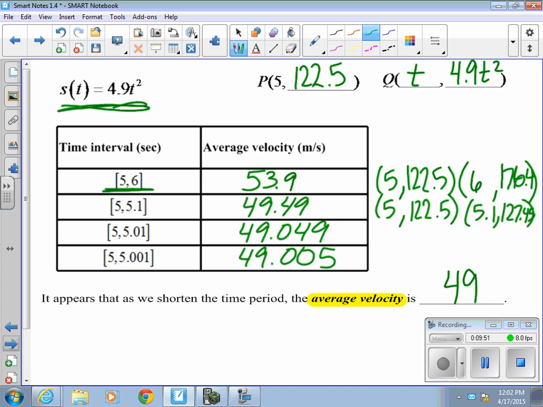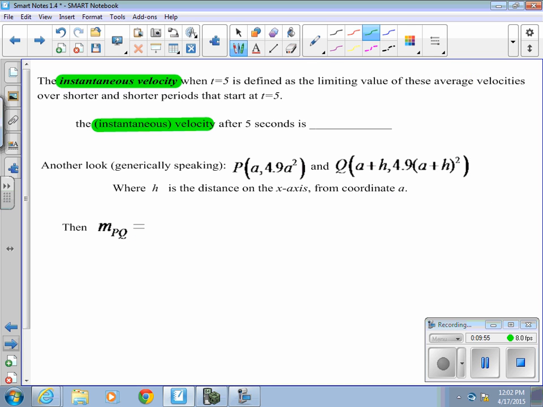Now, what's the difference between average velocity and instantaneous? Instantaneous velocity when t is 5 is defined as the limiting value of these average velocities over shorter and shorter periods that start at t equals 5. Average velocity is when we're using 2 points that aren't quite the same. Instantaneous velocity is if we really could find the slope of a line that we only knew 1 point of.